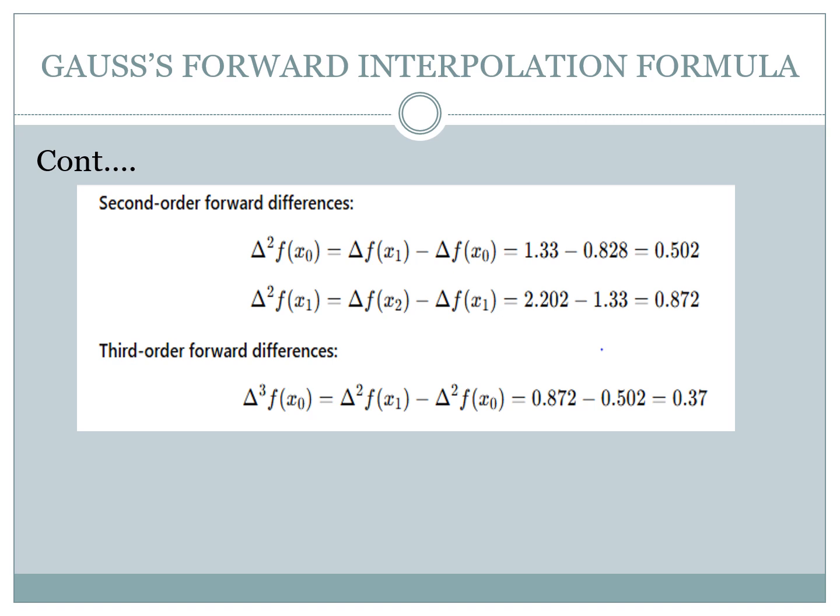So 2.202 minus 1.33 is 0.872. So this is the second order forward difference. Then similarly we have to find out the third order forward difference, using the Gauss Forward Interpolation formula.